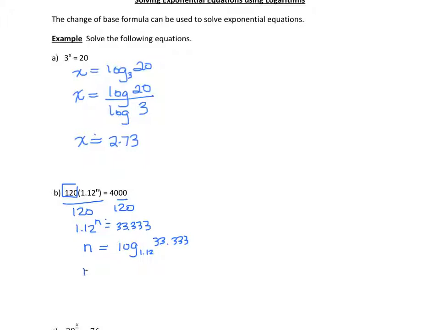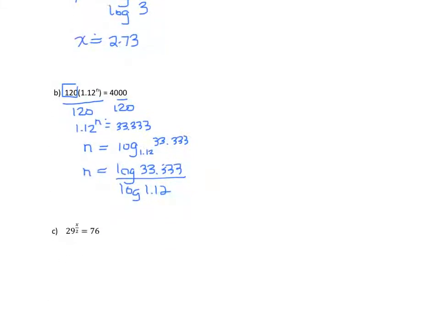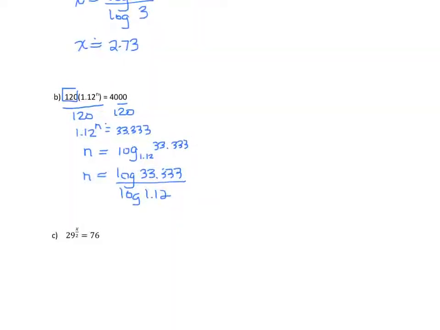Use your change of base formula to write this as log 33.333 divided by log 1.12. Type that into your calculator, and we get an answer of n equals 30.94.